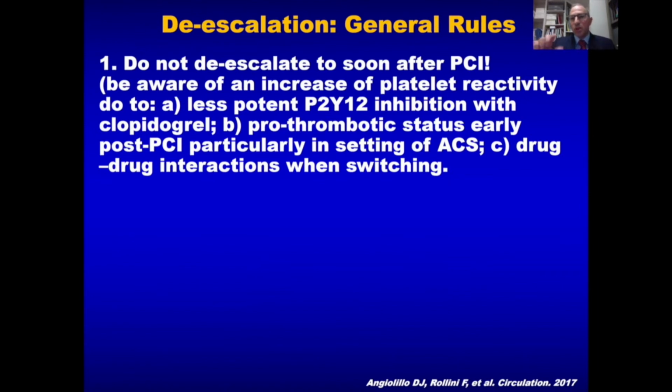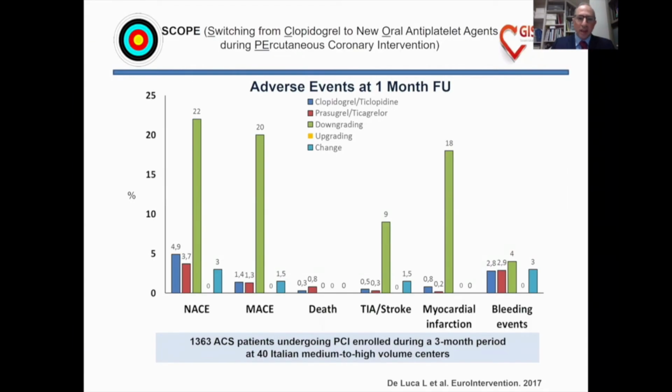One, you're switching to a less potent P2Y12 inhibitor with clopidogrel. You have the prothrombotic environment post-PCI, particularly in the setting of an acute coronary syndrome. And let's not forget that when you switch, particularly if you're going from ticagrelor to clopidogrel, there is a risk of drug-drug interactions. And we have plenty of data to support this.